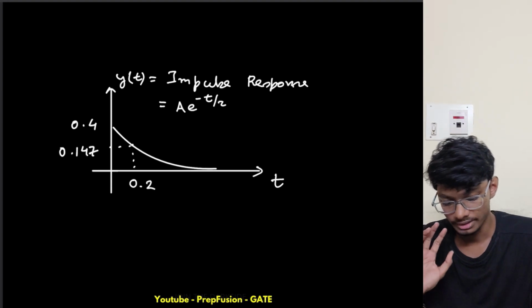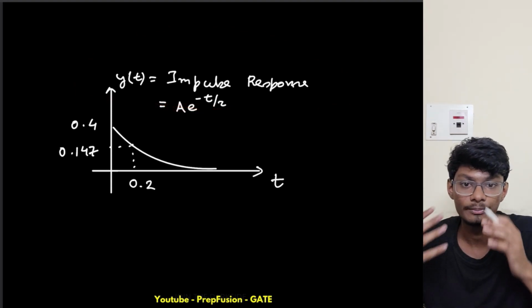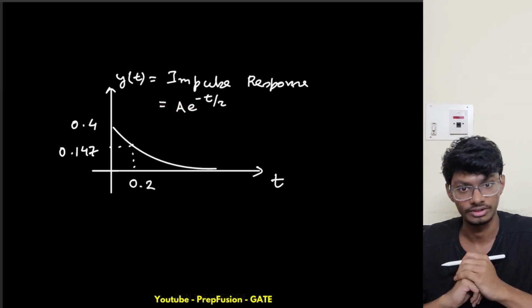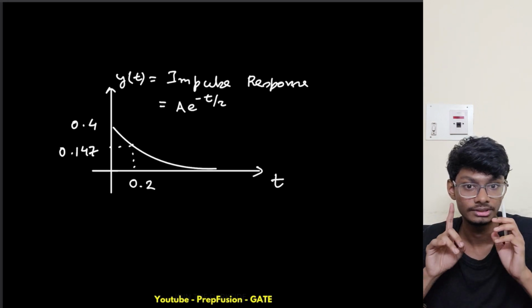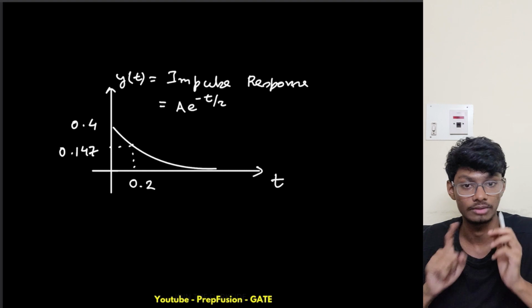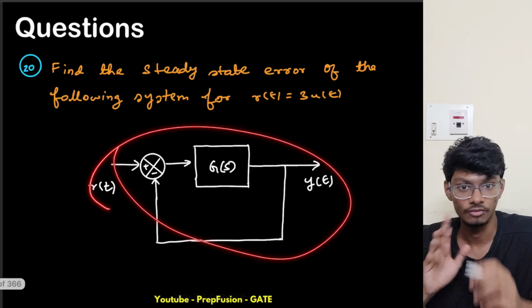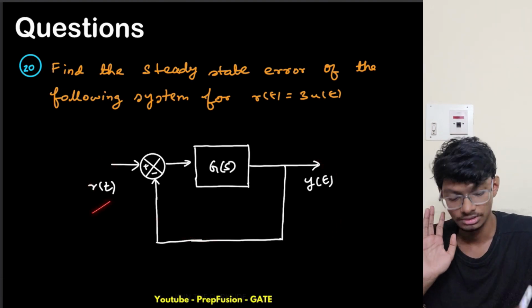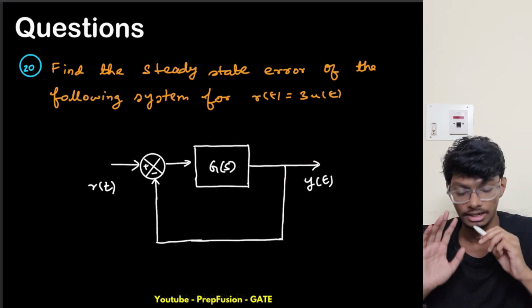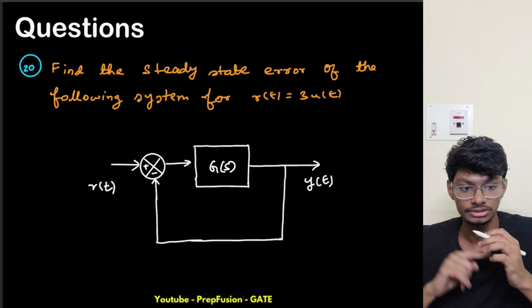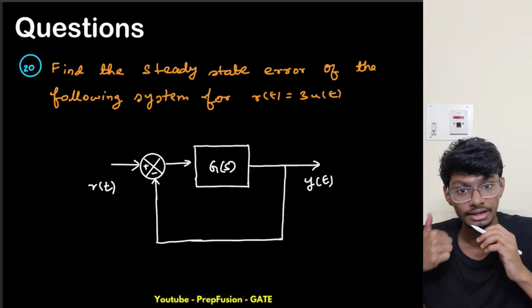But what can I say if I know the impulse response of a system? If I do the Laplace transform, that will be the transfer function of the whole system. If I apply an impulse and take the Laplace transform of the impulse response, that is the transfer function of the whole system.